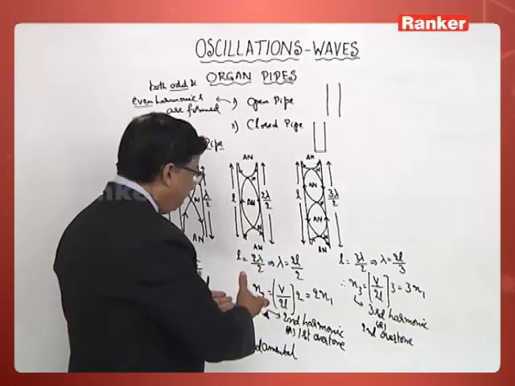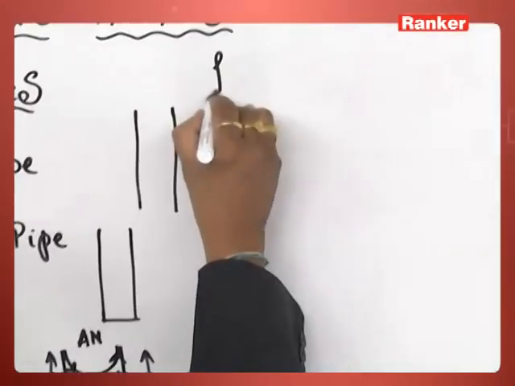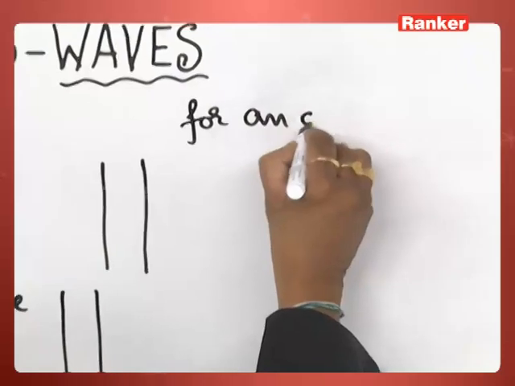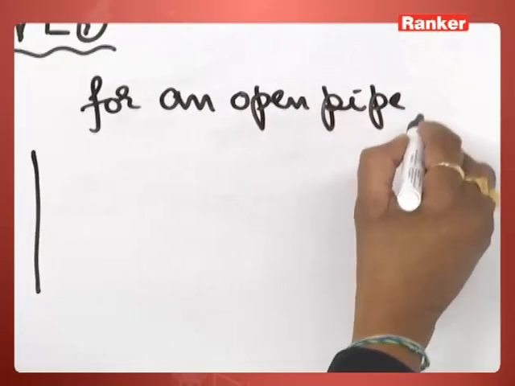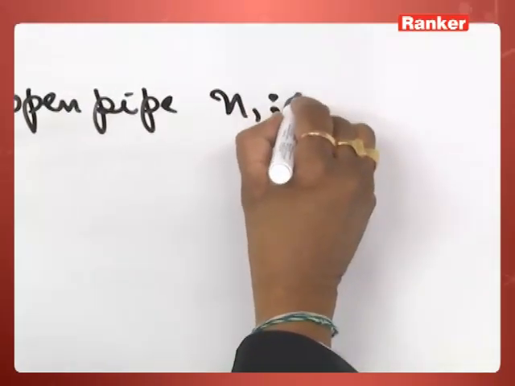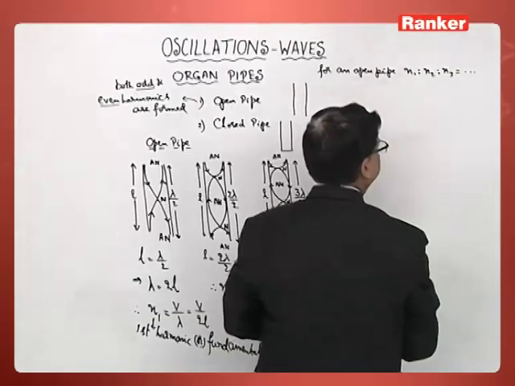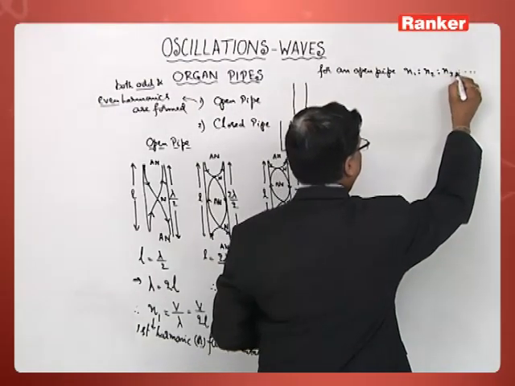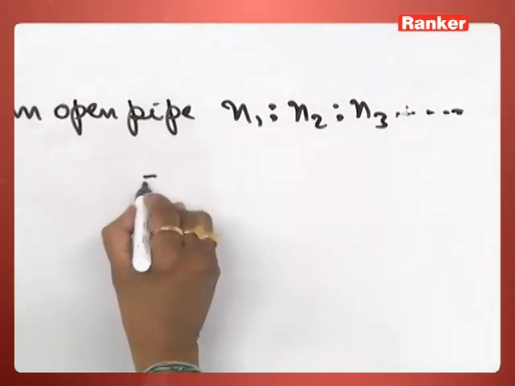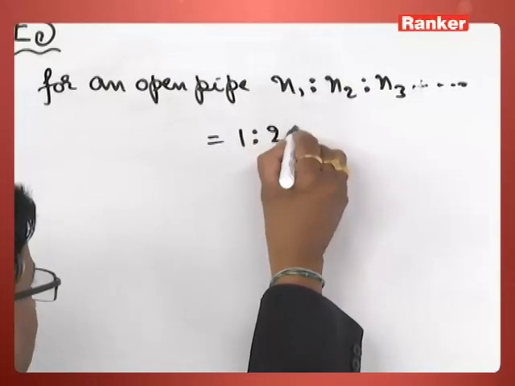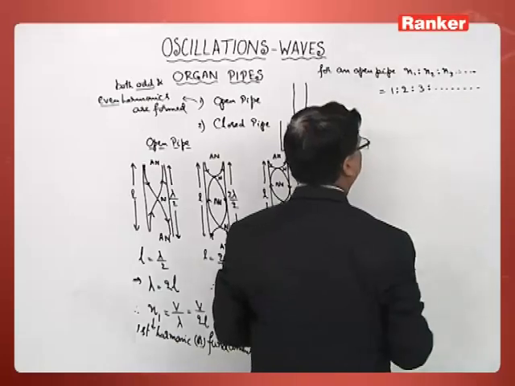So what is the basic result you should remember? If I take an open pipe, what is the ratio of N1, N2, N3 and so on? That ratio is now going to be 1:2:3:4 and so on and so forth.